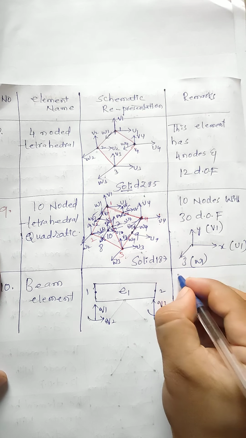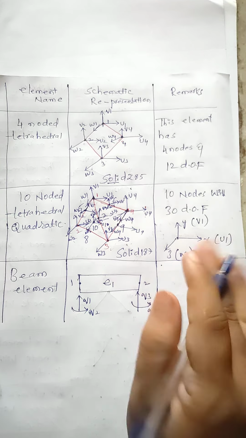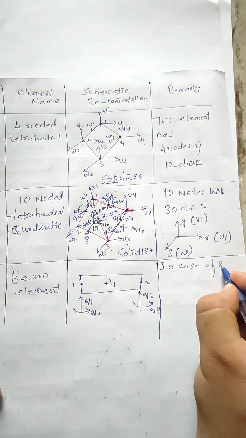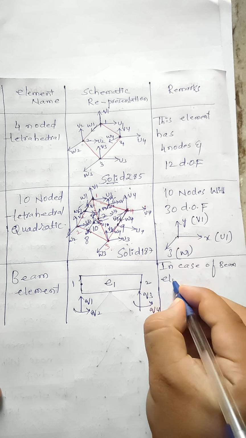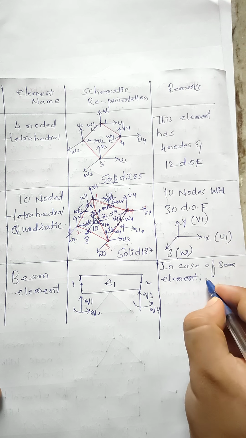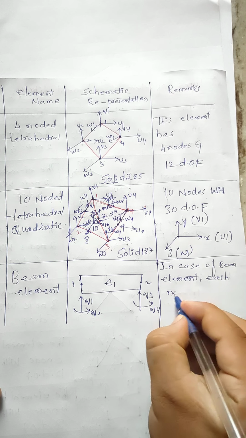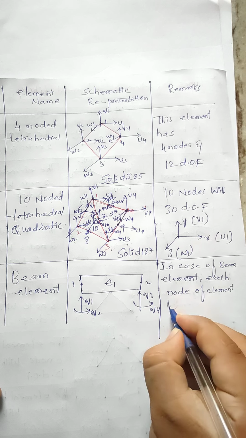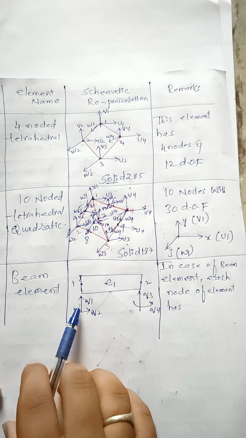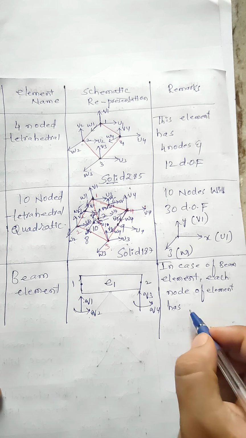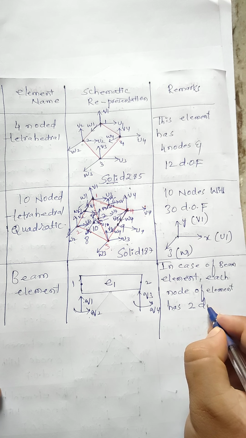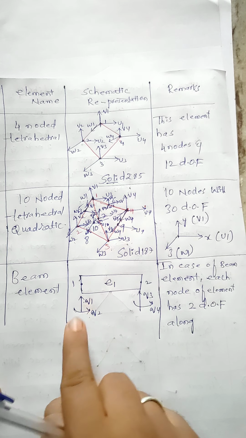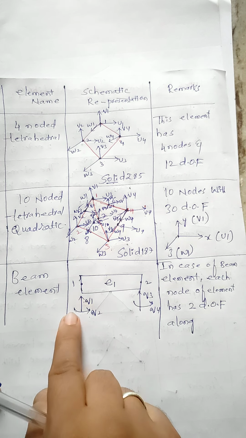Okay, so I am representing here. In case of beam element, each node of the element has how many degrees of freedom here? 2 degrees of freedom. Along one Cartesian coordinate, and one polar coordinate.